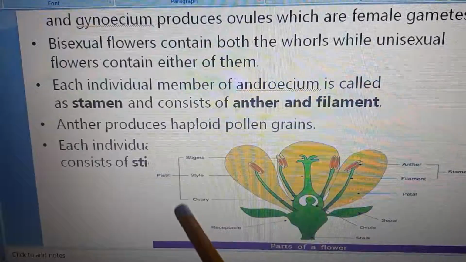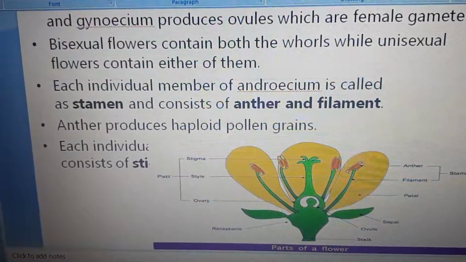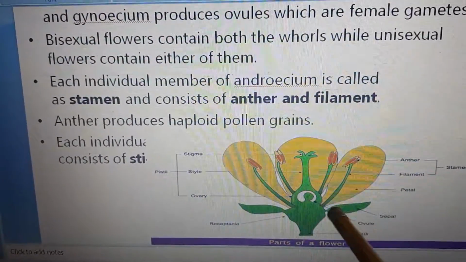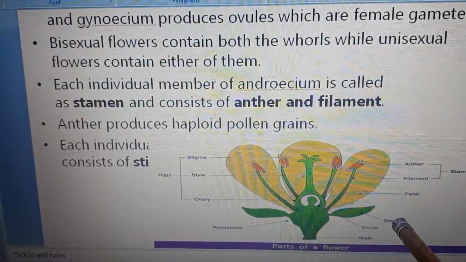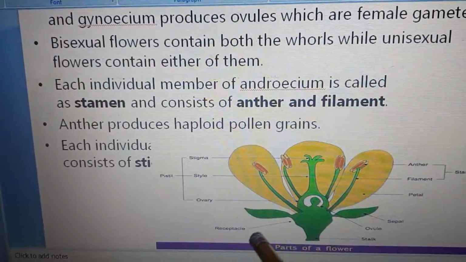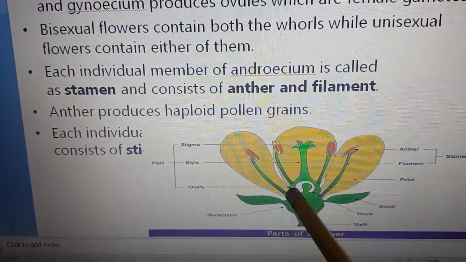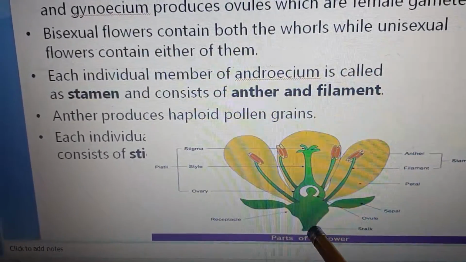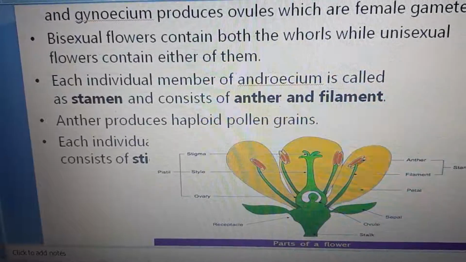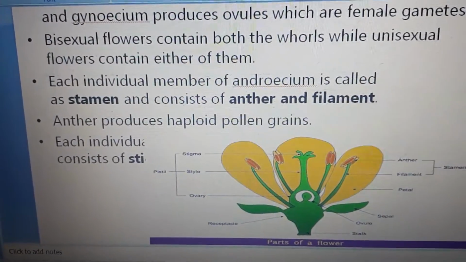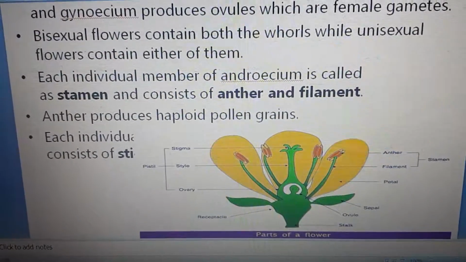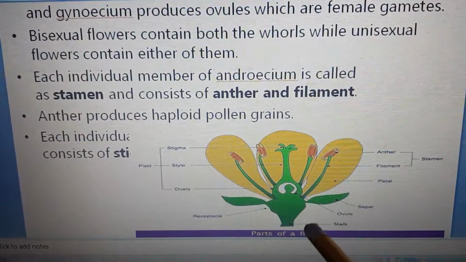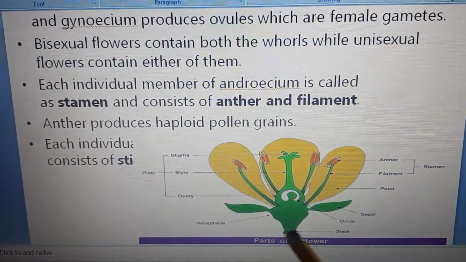Together all three parts are known as pistil. The green part is known as sepals, and this is the receptacle, the swollen part, which is connected to the branch with a stalk.